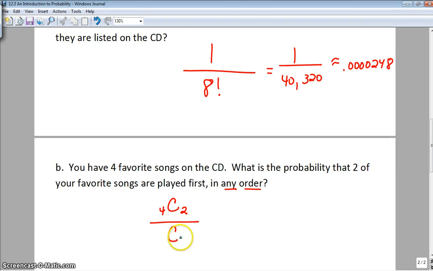So if we remember, there are 8 songs on the CD, so it would be out of a combination of 8 choosing 2. Out of the 8 songs, we're choosing 2 of them to be played first in any order, so it's a combination. So we have 6 out of 28, which is 3/14. Or you could say it's approximately 21.4%.